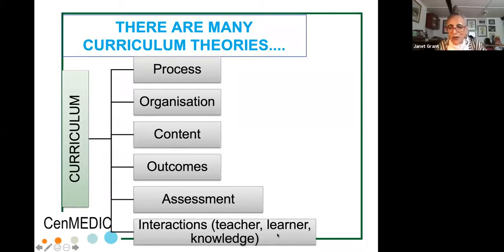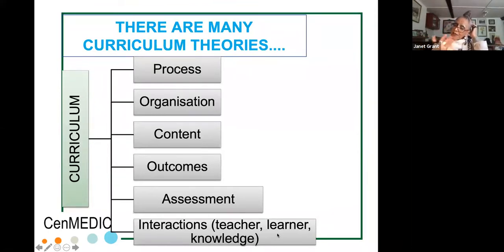It's not true. There are lots and lots of curriculum theories, and some of them focus on process, some of them focus on the organization of the curriculum, some focus on content, some focus on outcomes, assessment, interactions between the teacher, the learner, and the knowledge.